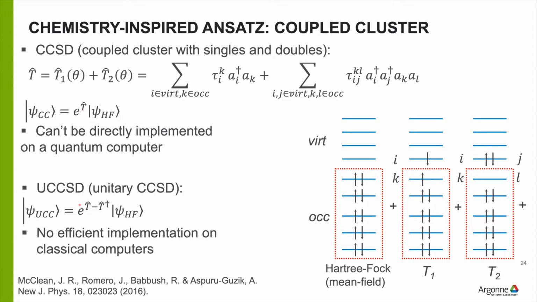However, e to the power of T minus T dagger, which is a complex conjugate in the unitary coupled cluster, is a unitary operator, and it can be efficiently implemented on quantum computers.